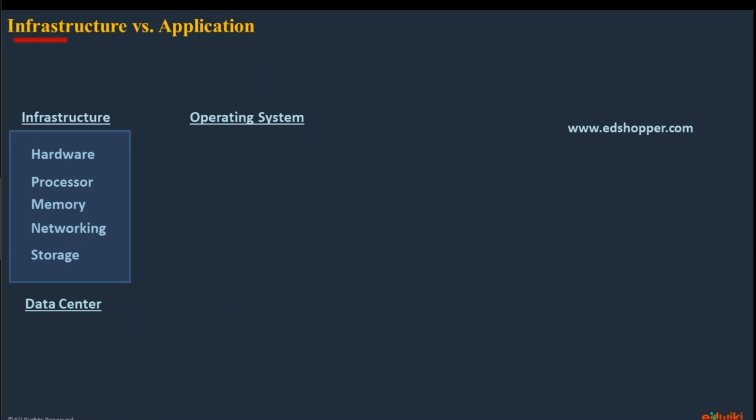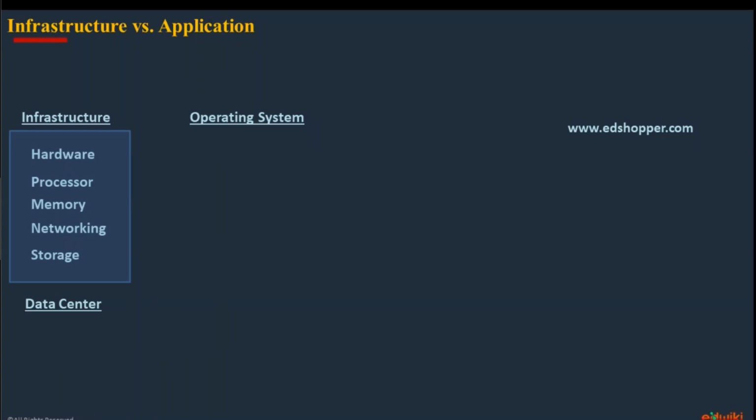Let's say you don't have the Windows operating system in your laptop, do you think your laptop is usable? Can you use your laptop? No, right? So the Windows operating system that you are currently logged into is the operating system.